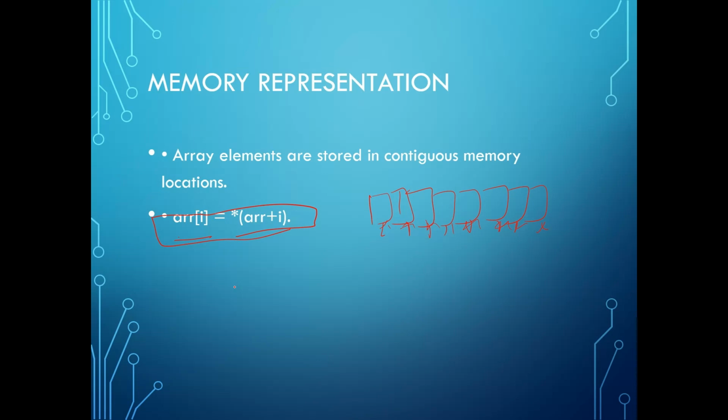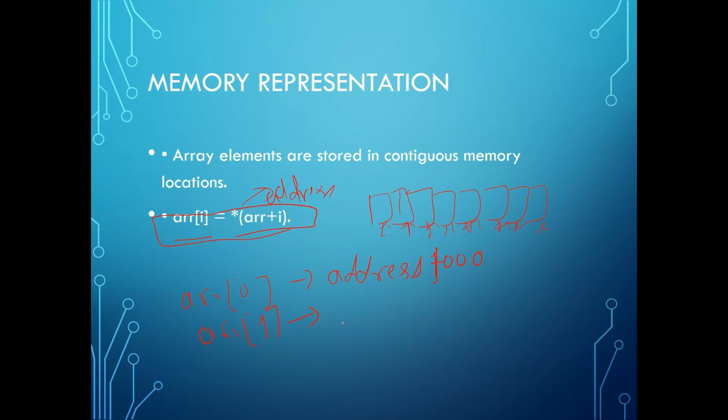If the array is at address AR, array[0] is at that address, because a pointer denotes an address. So where will array[1] be?